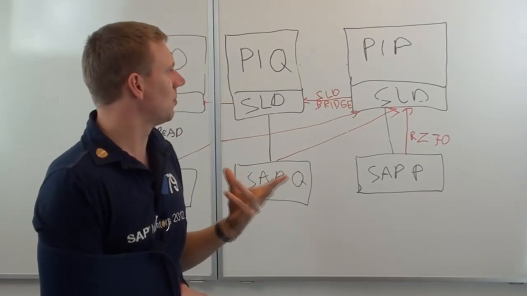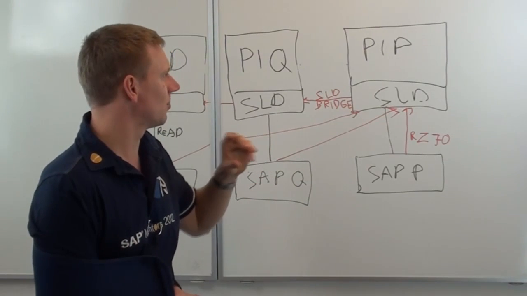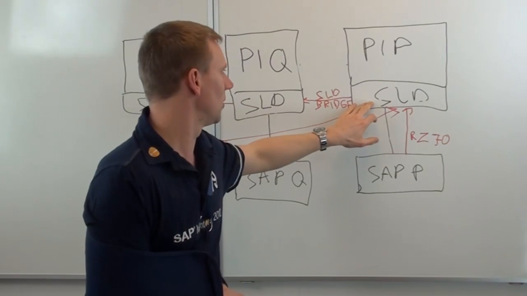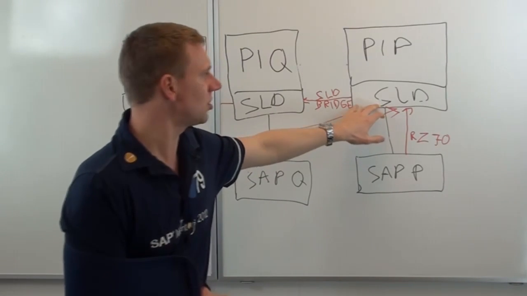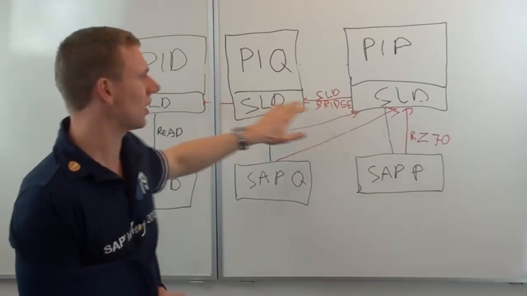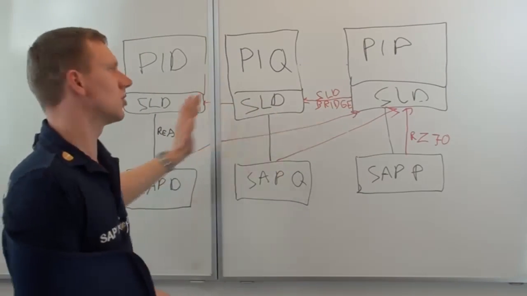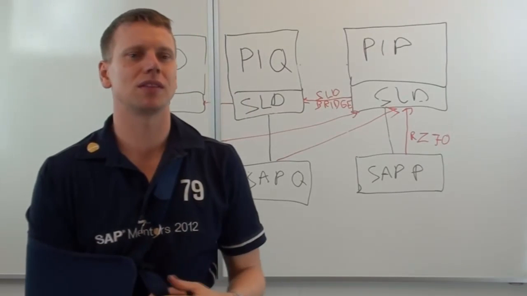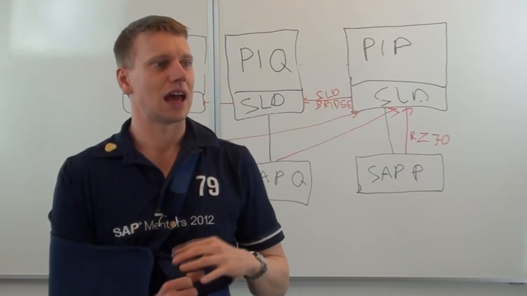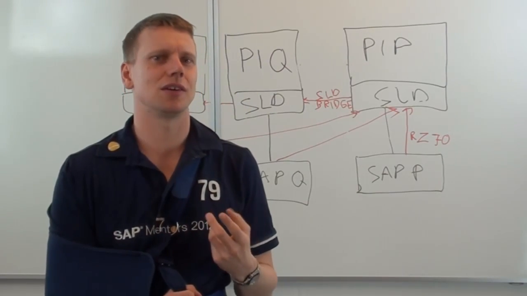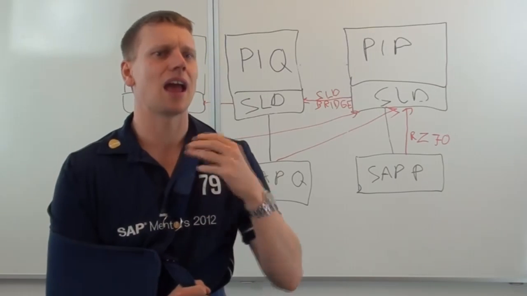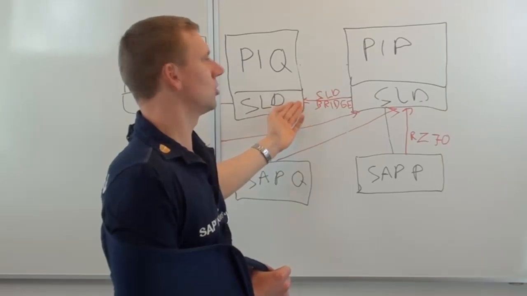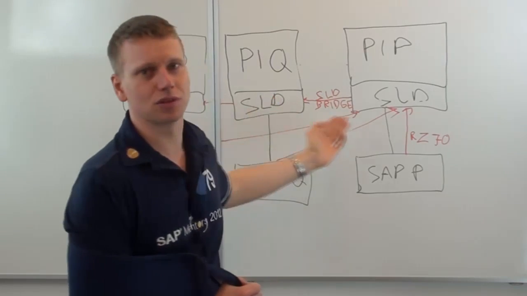The other thing we have here is that whenever new information is posted to the SLD, it is replicated directly back to the systems using SLD bridges. SLD bridges say that whenever a system replicates information saying I have this kind of information, it is replicated to the other systems.